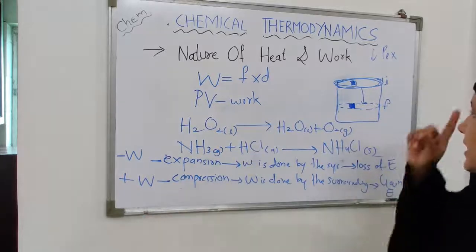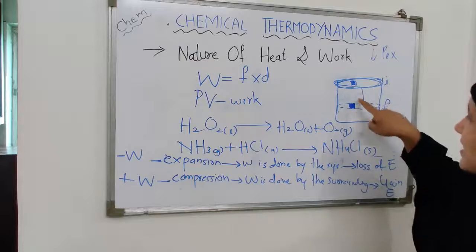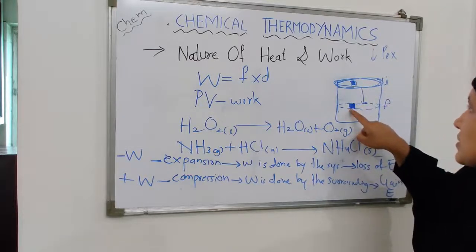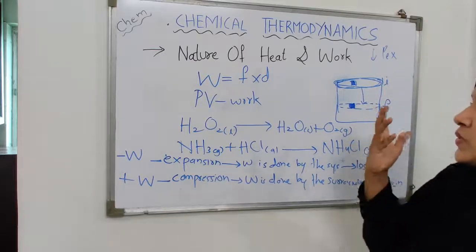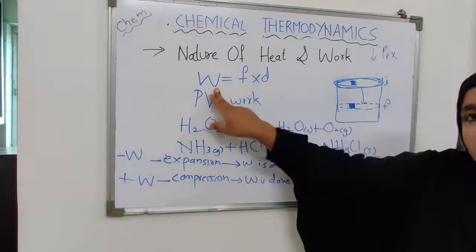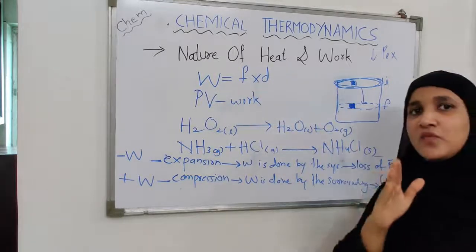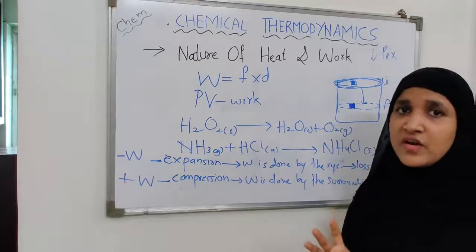Why is it work? Remember, there is movement of an object. The object is moved from a lower to a higher position or higher to lower position through some distance d. So what is work? From mechanics also we know that work is the product of force and displacement, that is, movement of an object through a distance d in the direction of application of force.